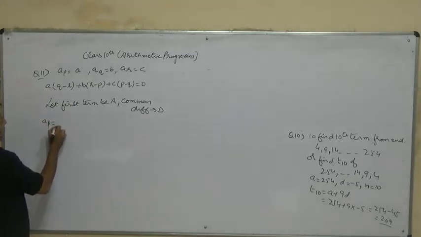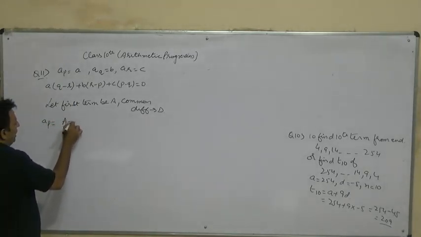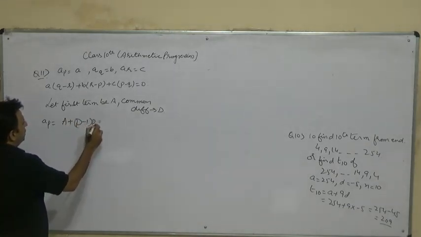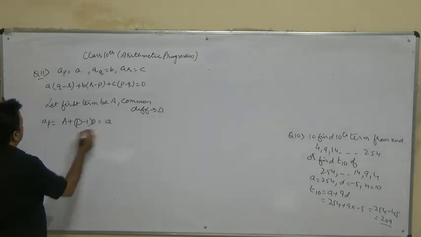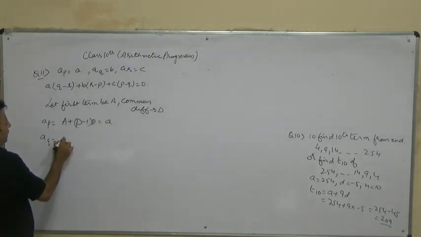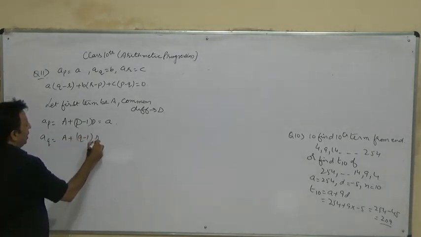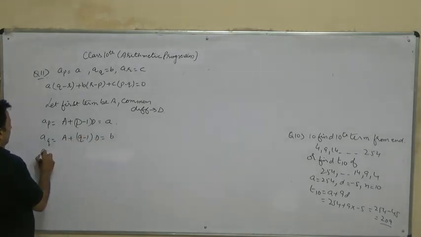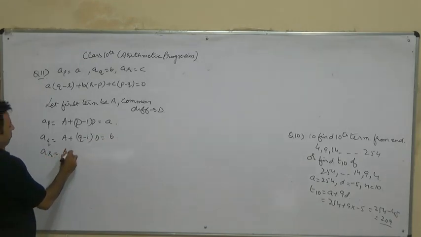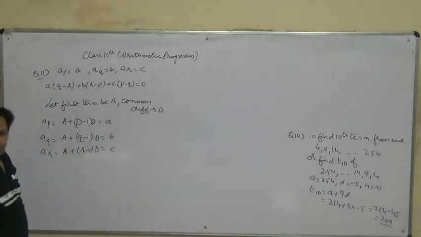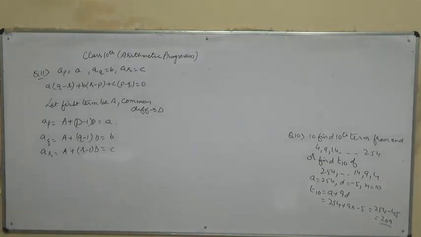The AP is given as, the pth term, A plus (p minus 1) into D is equal to a. Then the qth term, A plus (q minus 1) into D is equal to b. The rth term, A plus (r minus 1) into D is equal to c. So this we have found just by using the general formula.